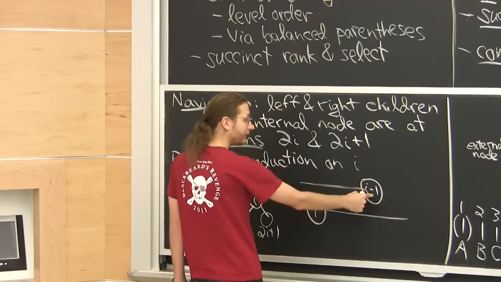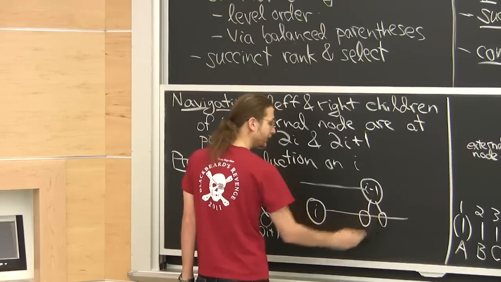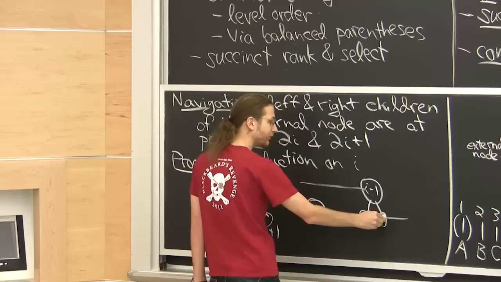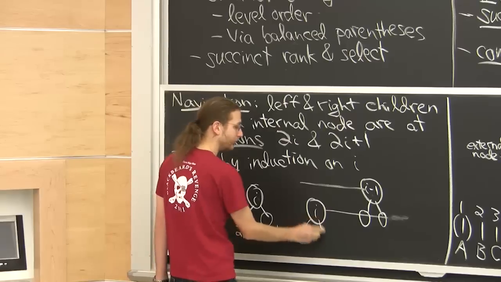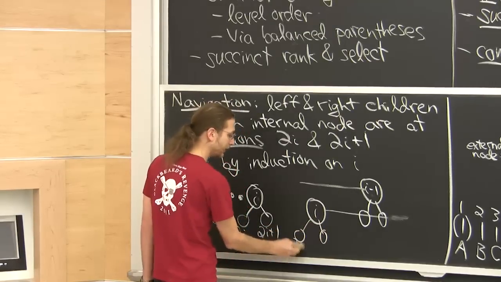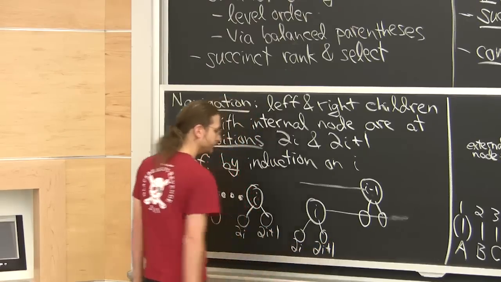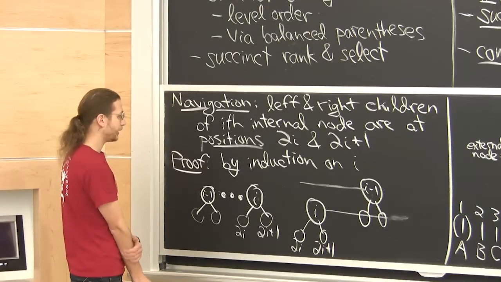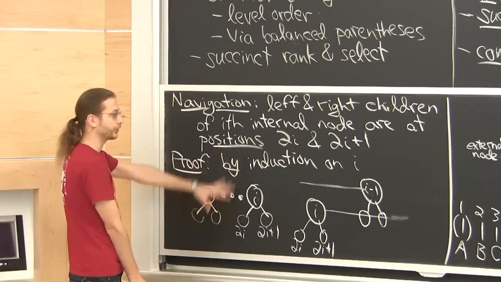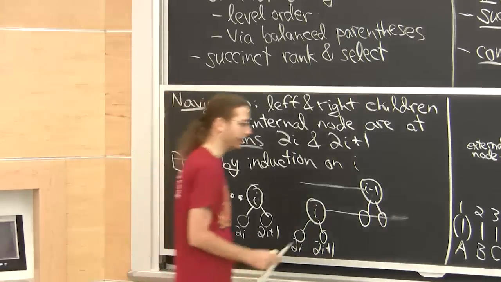So if i minus 1 is the last node on its level, again, it's going to have 2 children here, which will be the last nodes on this level. And then right after that will come the children of i, again at position 2i and 2i plus 1. Okay, so that's essentially the proof that this works out. There's lots of ways to see why this is true, but I think I'll leave it at that.